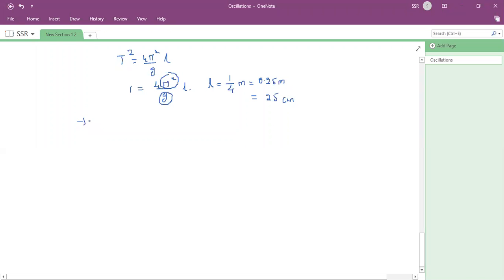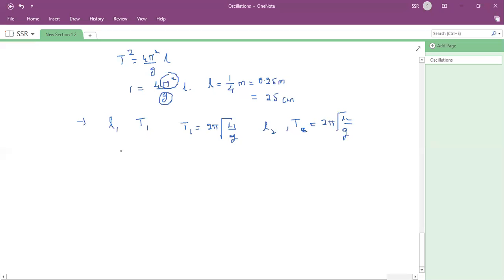Suppose we have a pendulum of length L1 and the time period is T1. Then T1 is equal to 2 pi root L1 by g. Similarly, another pendulum of length L2, its time period is T2. Then time period T2 is equal to 2 pi root L2 by g.